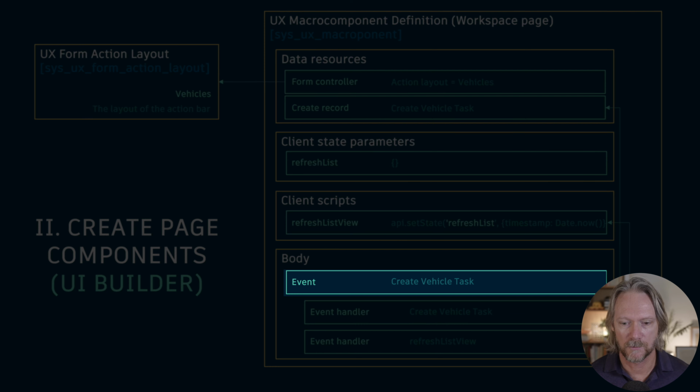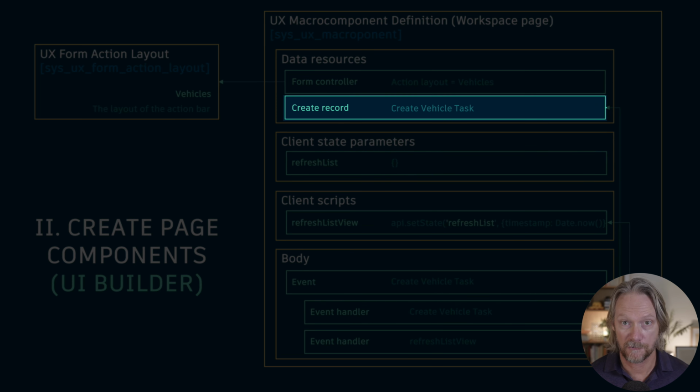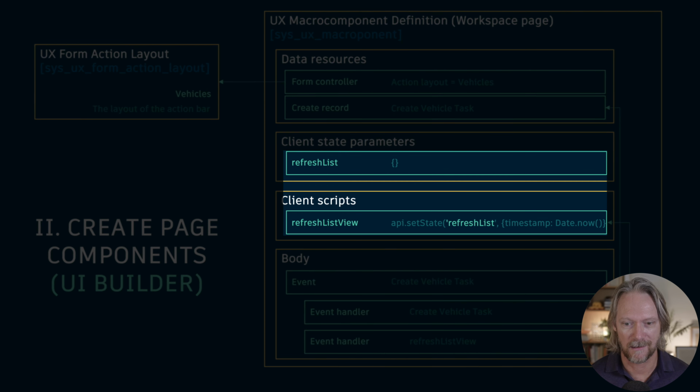And then we need to create an event that will be triggered when that declarative action button is clicked. And that event will then trigger the execution of a couple of things. The first will be the creation of a new record in the vehicle task table, but also it will trigger a client script, which will in turn refresh a client state parameter that will refresh the related list so that when we click on the button, the list is updated automatically.